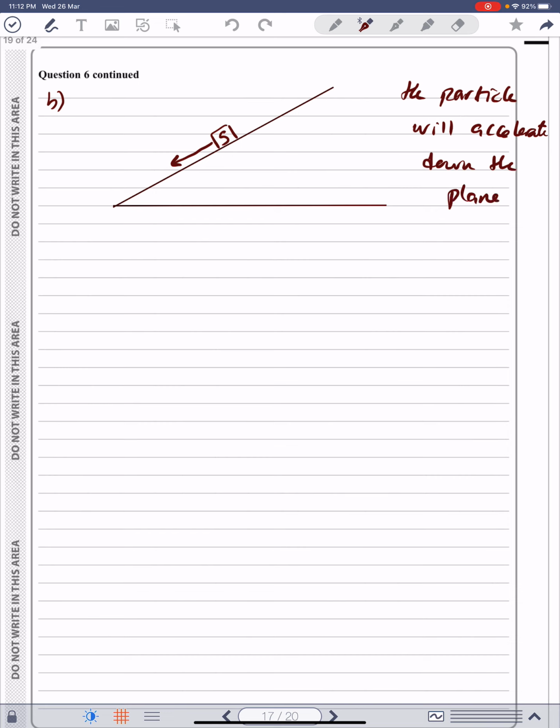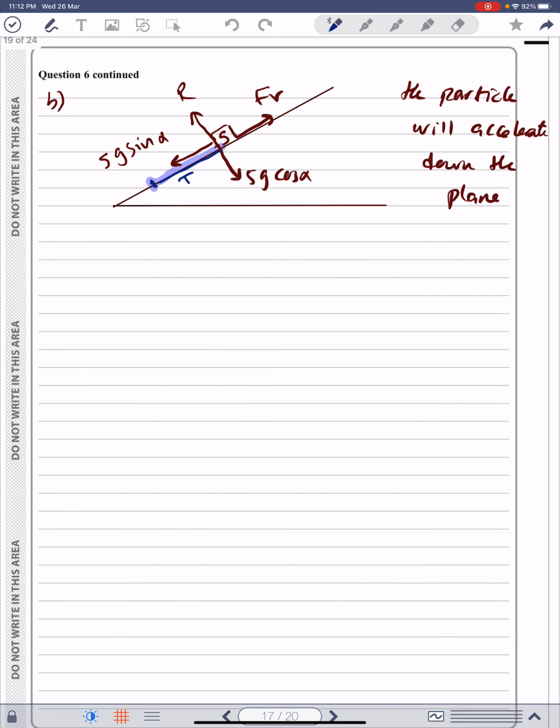With the main force 5g sine alpha, and perpendicular to the plane 5g cosine alpha, and friction now must be up the plane or up the slope. Since it moved, as he said, down the plane 1.5 meters, he wants the time. He calls it t. How do you find it?